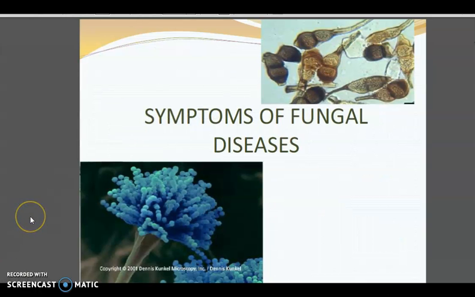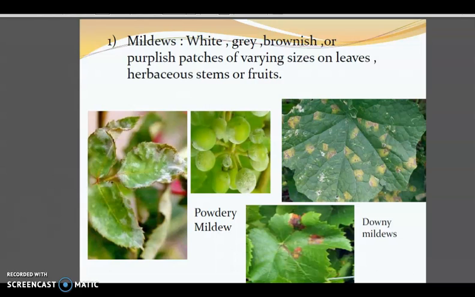Let's see the symptoms of fungal diseases. First one is mildews, meaning white, grayish or brownish purplish patches will appear on the leaves, stems or fruits, as you can see.